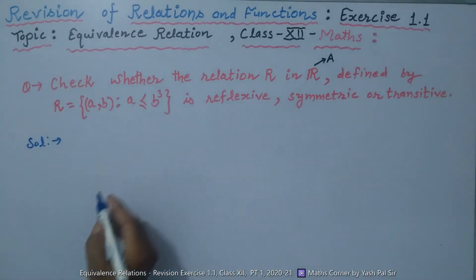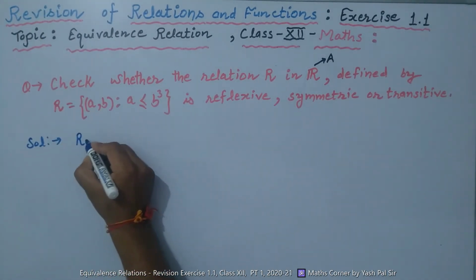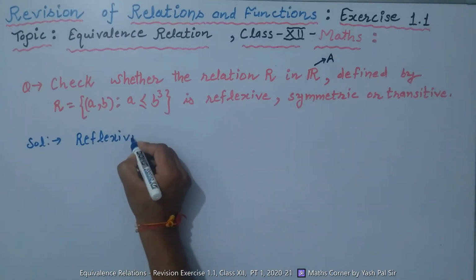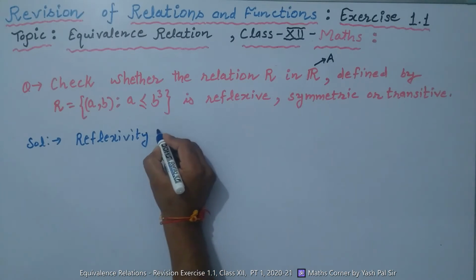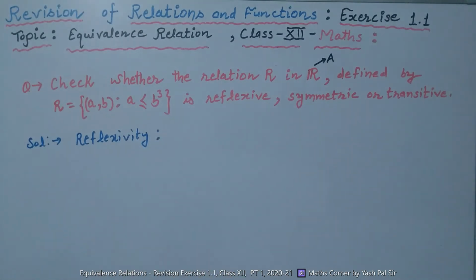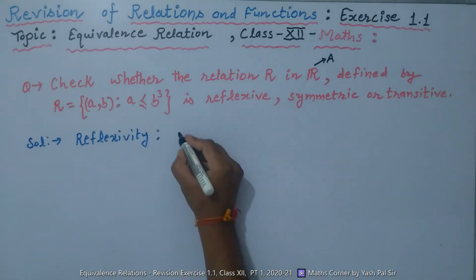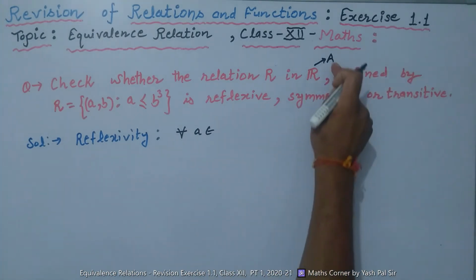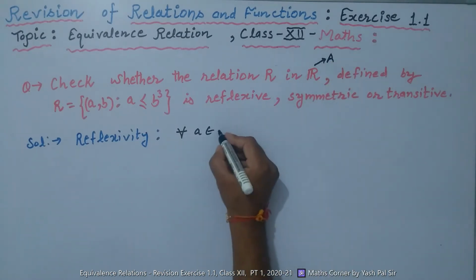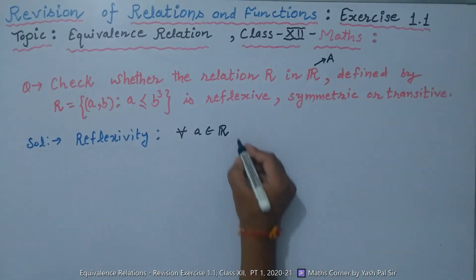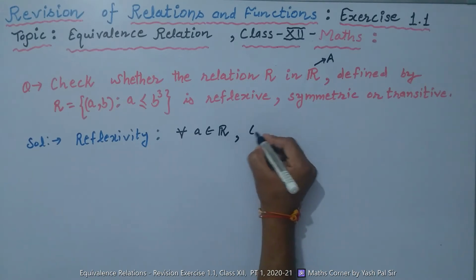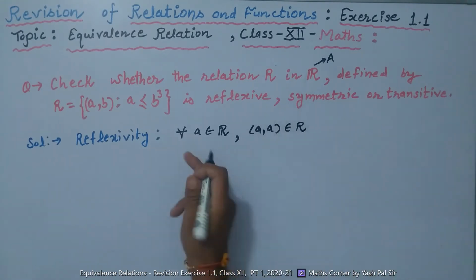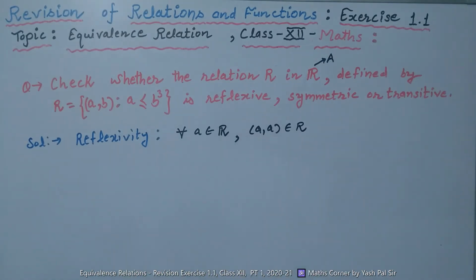My dear students, first of all we shall discuss reflexivity. The condition of reflexivity is that for every a belonging to set A, here the real numbers, (a, a) should belong to R. Let us check whether this is true or false.